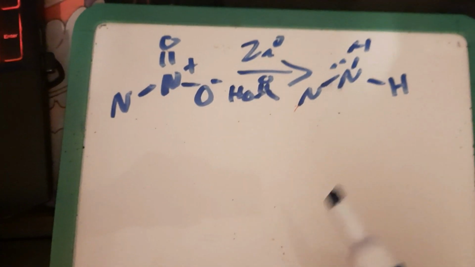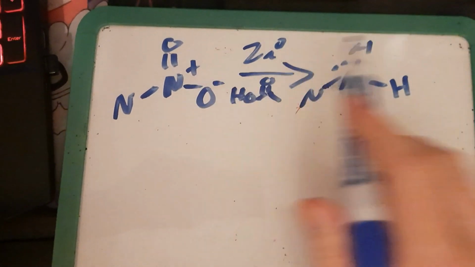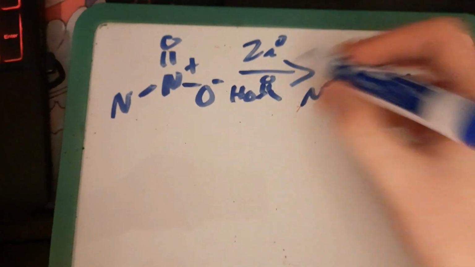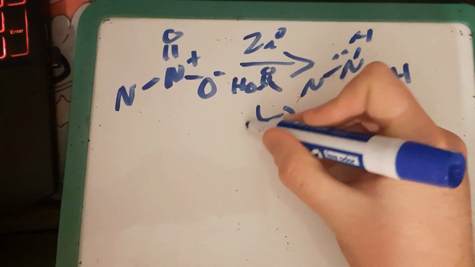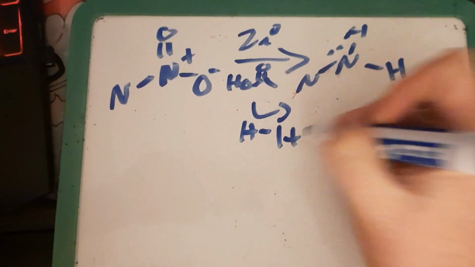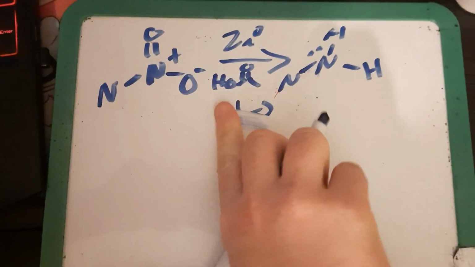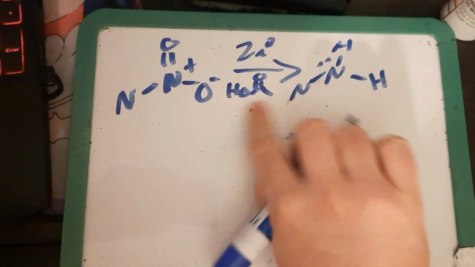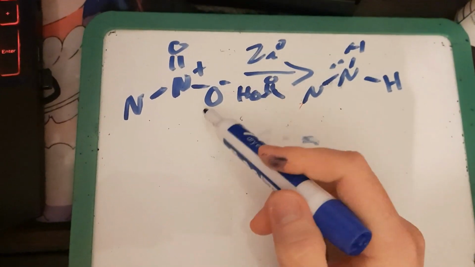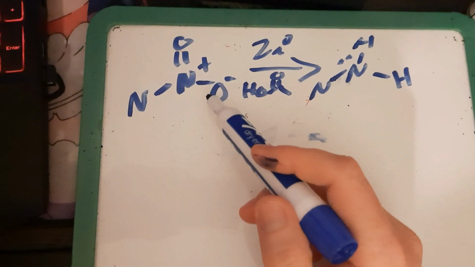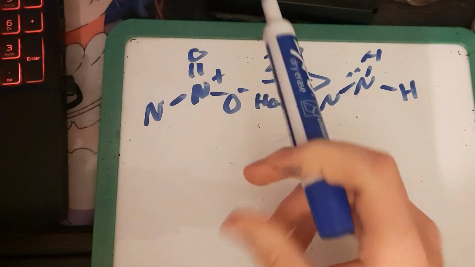Hey, guess what? The idea that this turns into that by making hydrogen the intermediate is wrong. I didn't know that at the time, but there's a better way of describing it. So this is the structure of the nitro group in nitroguanidine.